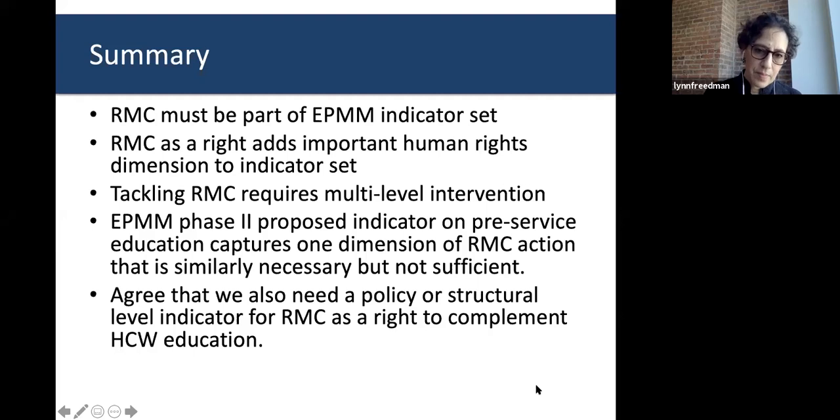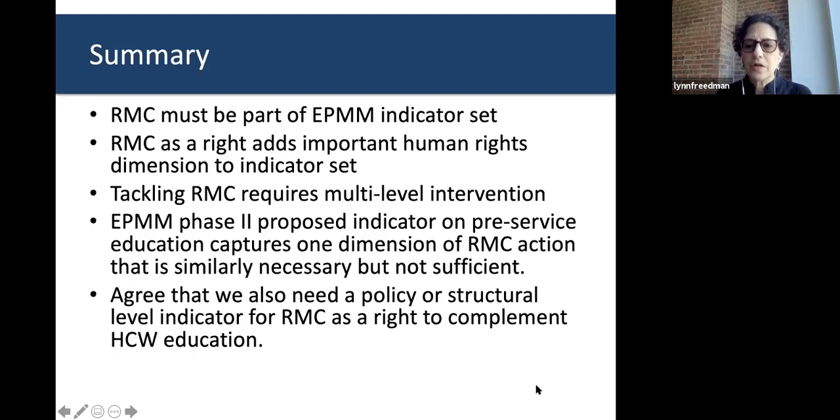I know the EPMM phase 2 has another indicator proposed on pre-service education, but I think similarly, this captures one dimension of action to promote RMC, education, that is also necessary, but we know very far from sufficient, because RMC requires not just a change in a health provider's mindset or knowledge, but also change in the system in which they work.